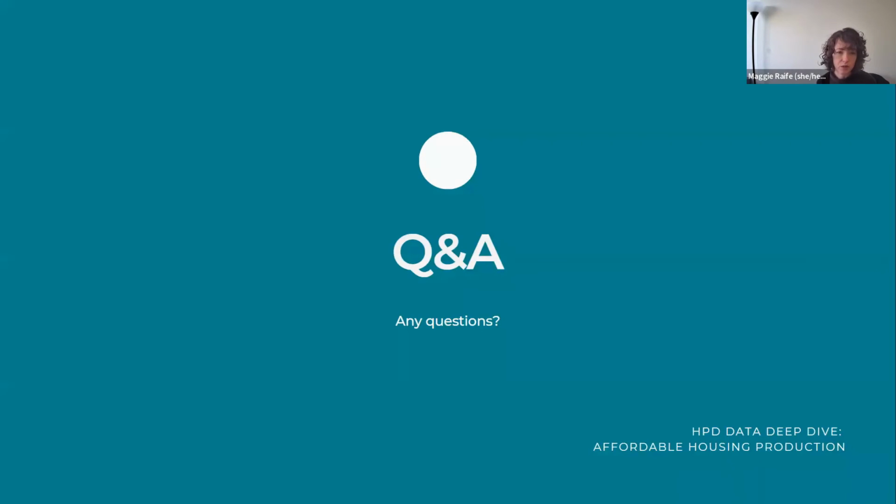Next question was about supportive housing. It's kind of two-part. How might I find supportive housing development projects and funding streams through HPD Open Data? Habiba or possibly Jess, do you want to try to answer that?